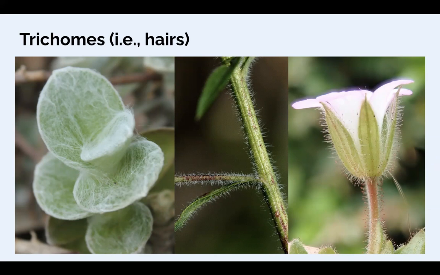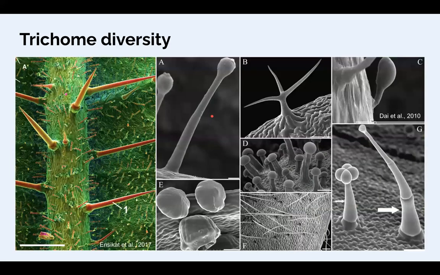The hairs were alive when they were made, not guaranteed to stay alive. I suspect the cells in this center image and the one on the left are probably not alive at the moment, but they would have started as living cell hairs. So lots of different kinds of hairs.